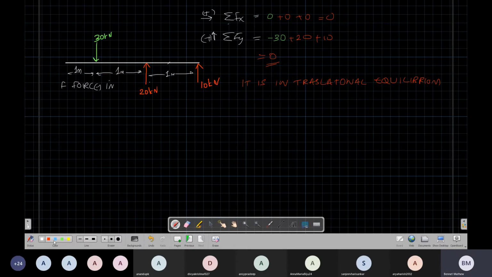Let's say this point is A. So you tell me, find the moment about A. I'll give you 2 minutes. Then you solve it.